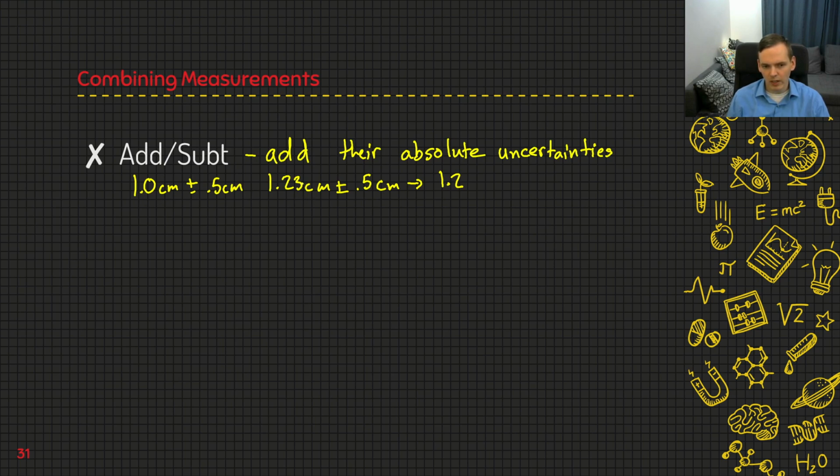Even though I go to 1.23, this one only went to 1.0, so I need to do 2 here. Now my absolute uncertainty is 0.5 and 0.5, so adding those together, I get 1. So my absolute uncertainty is plus or minus 1.0 centimeters. And again, with 0.5, I went to the first decimal point, so that's how precise I know my uncertainty to. That's where I get plus or minus 1.0.